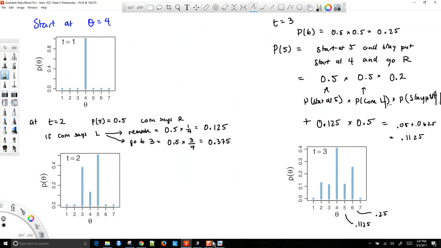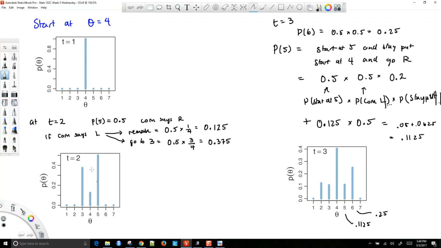Why is the probability of 5 equal to 0.5? I just said let's start at 4. At time 1 we start at 4, so we have probability 1 of being at 4.